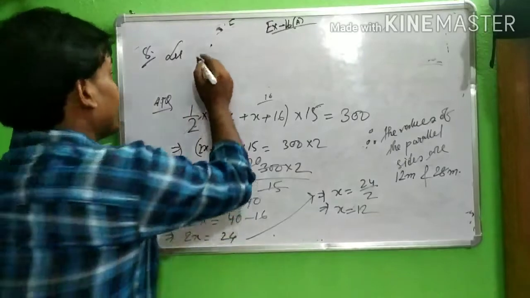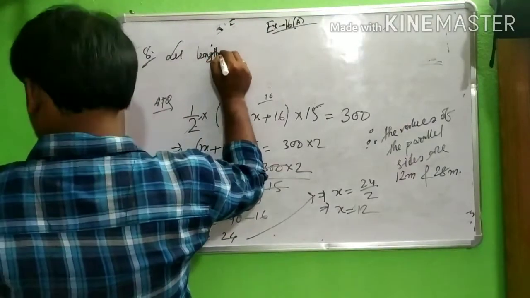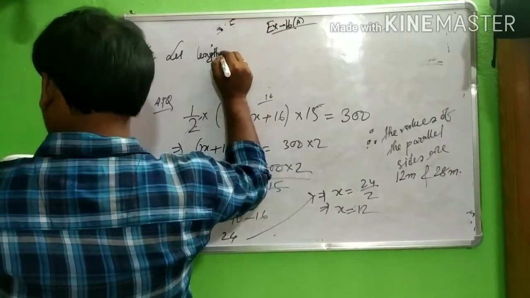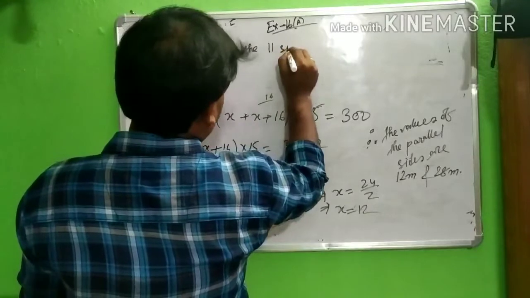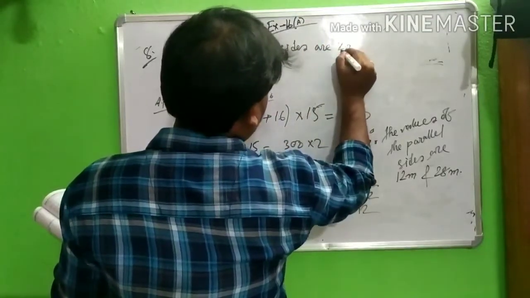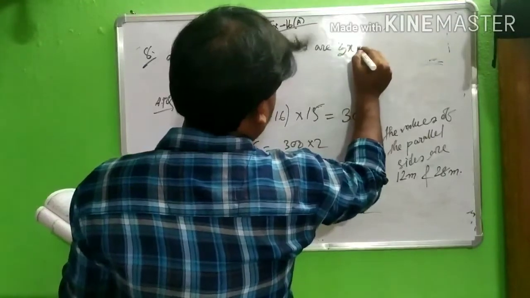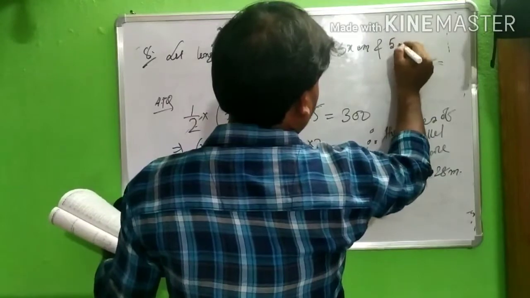So let the length of the parallel sides be 3x centimeter and 5x centimeter.